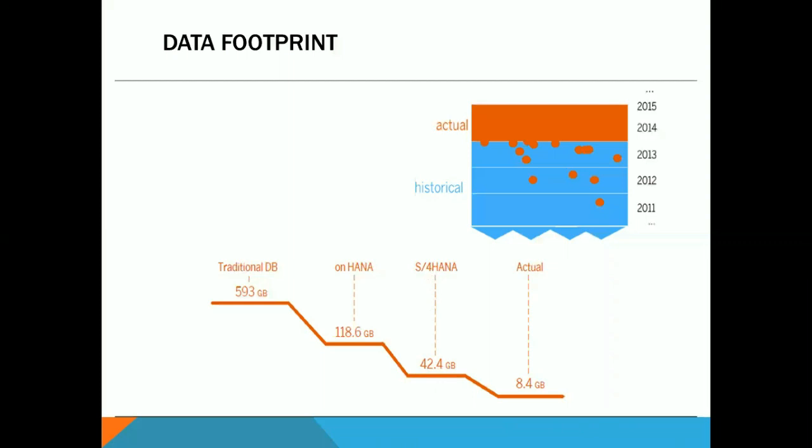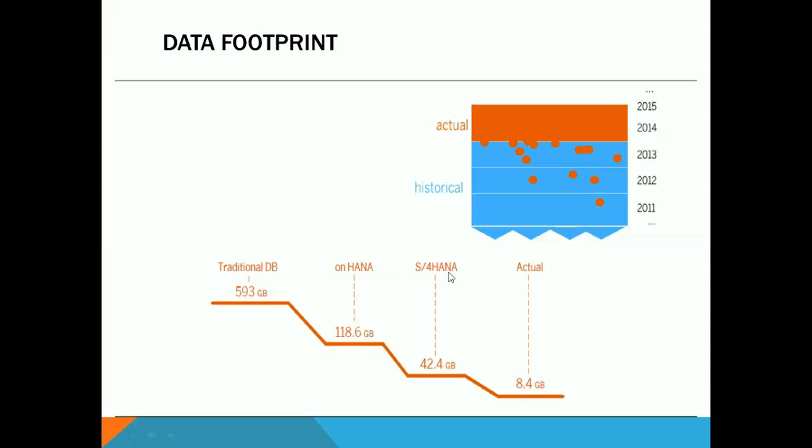Because in SAP S4 HANA core, all the tables have been removed. In the HANA database, when I move the data, the tables are as they are. Till the second stage, whatever tables you are using, the aggregate tables, index tables, all the tables, I'm just migrating from your traditional database to the HANA database, and the table data structure looks the same. But I can see the compression of the data to 118.6 GB.